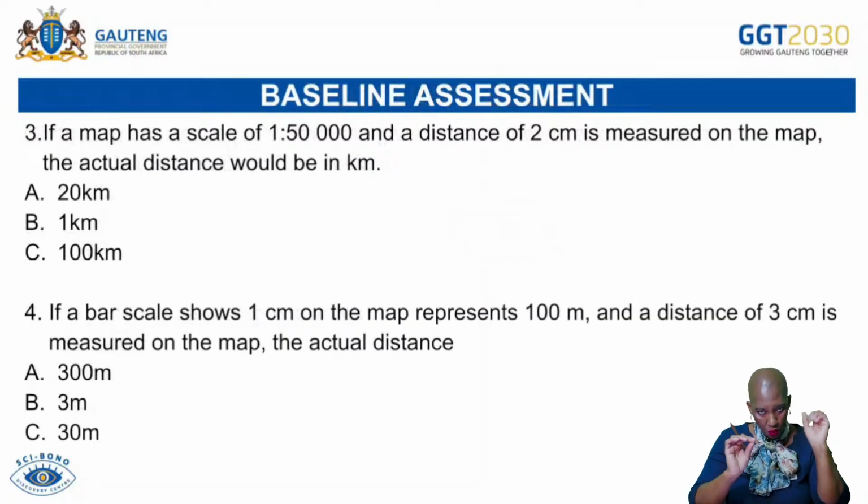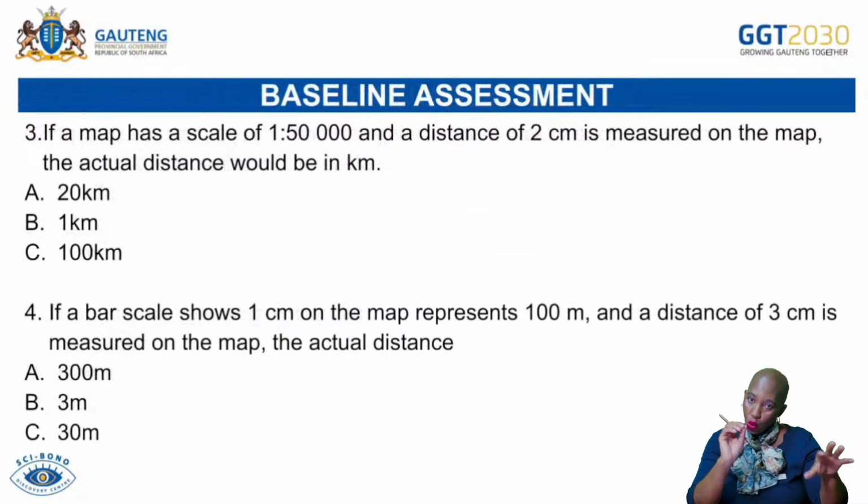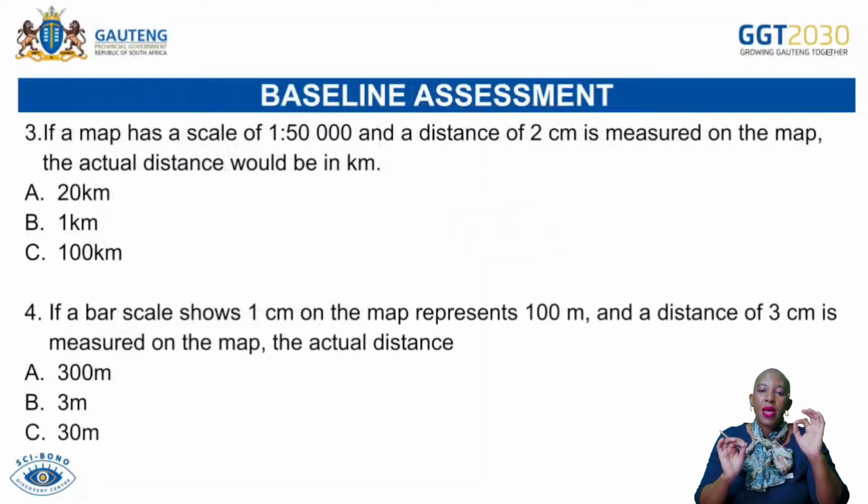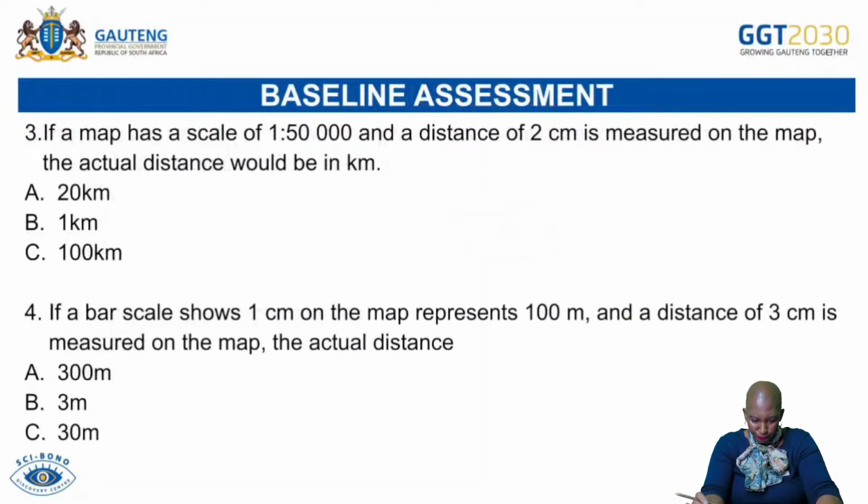So here 1 is to 50,000, and then 2 centimeters is to what? We want to know how many kilometers this 2 centimeters equals in reality.